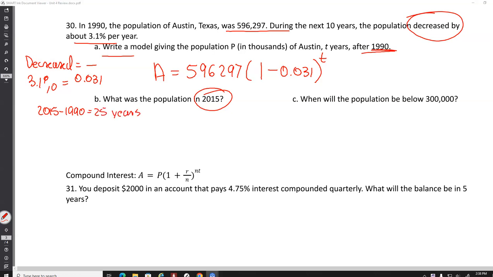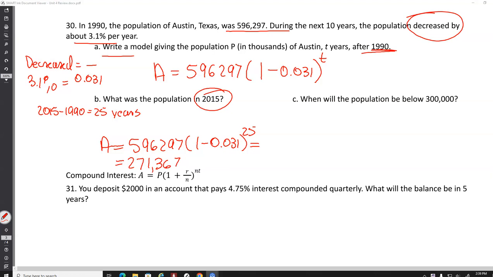Okay, so that means if I am putting into the model that I just created, we started with 596,297, it was decreasing by 0.031, and now my time is 25. If you put this all into a calculator, you should get a value of 271,367.